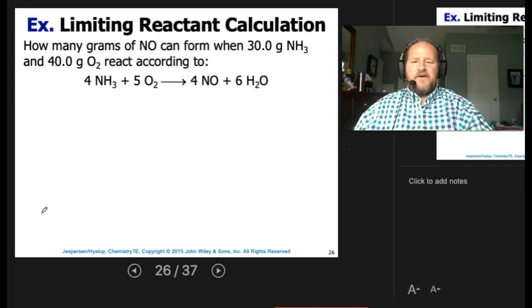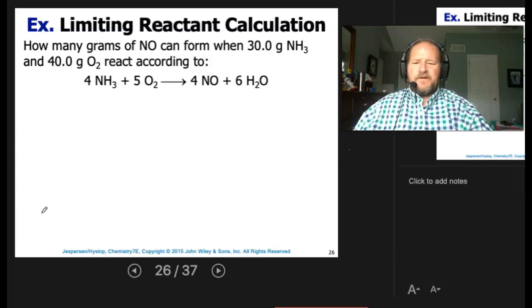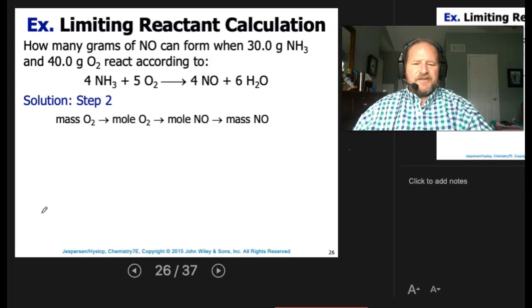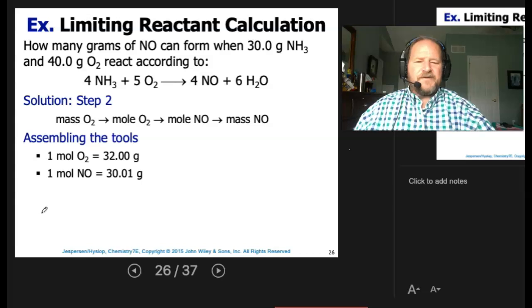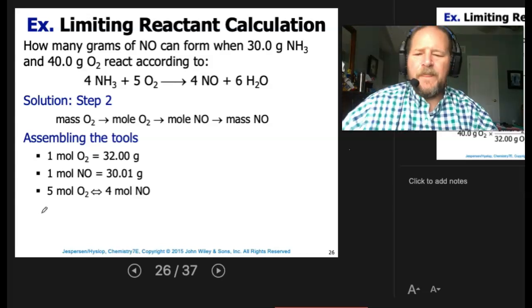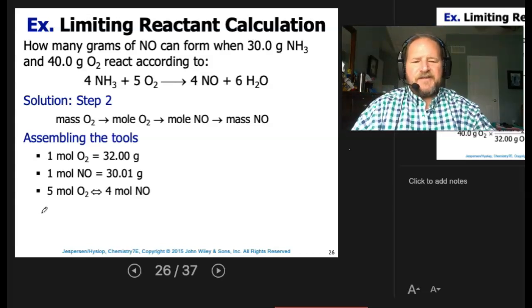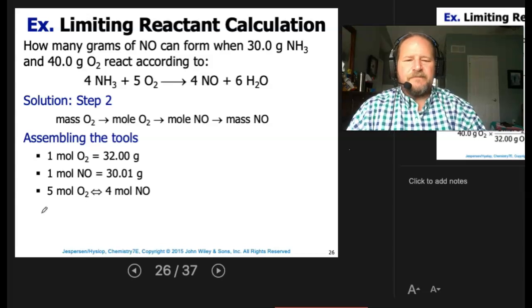So how many grams of NO can form when 30 grams of ammonia and 40 grams of oxygen react according to that reaction? Well, now we know that the oxygen is the limiting reagent. So now we're going to take the oxygen and go to the nitrous oxide. So 1 mole of O2 would be 32 grams. 1 mole of NO is going to be 30.01 grams. The relationship from our balanced chemical equation is 5 to 4.